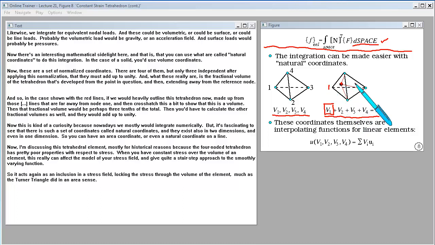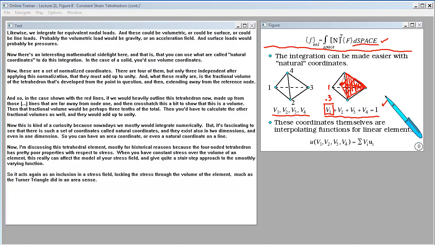And so in the case shown with the red lines, if we would heavily outline this tetrahedron now, made up from those lines that are far away from node 1, and then cross-hatch this a bit to show that this is a volume, then that fractional volume would be perhaps 3/10 of the total. Then you'd have to calculate the other fractional volumes as well, and they would add up to unity.